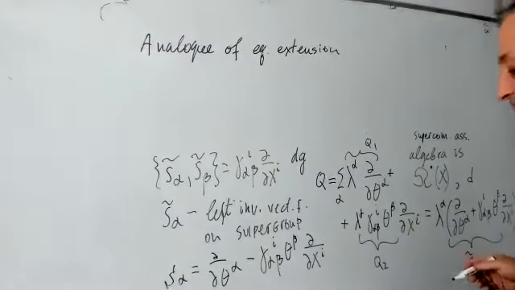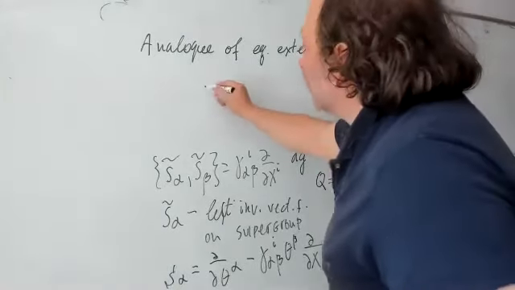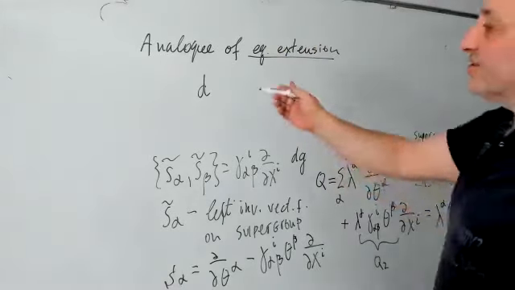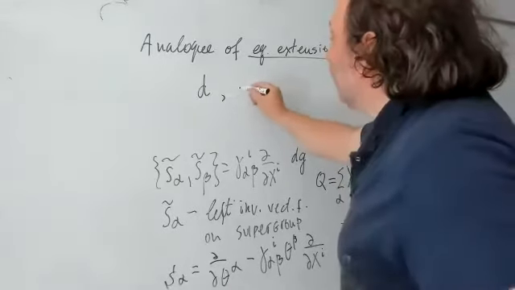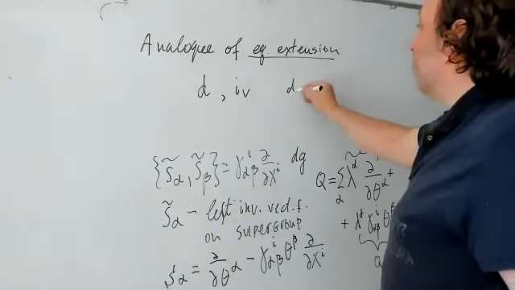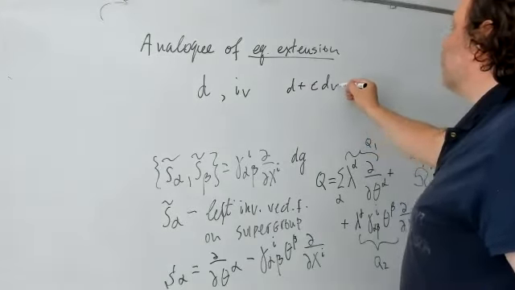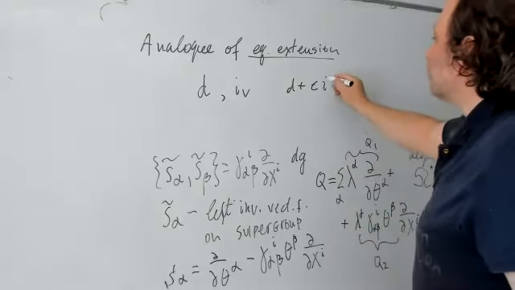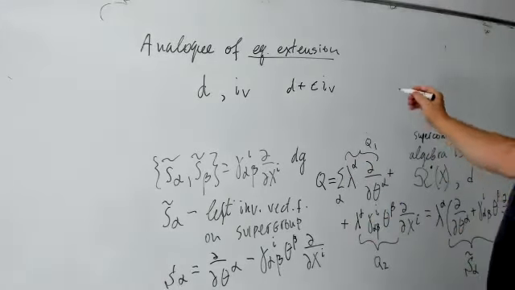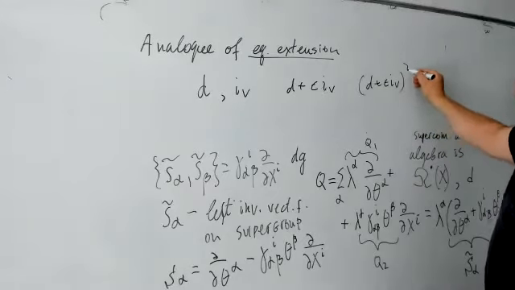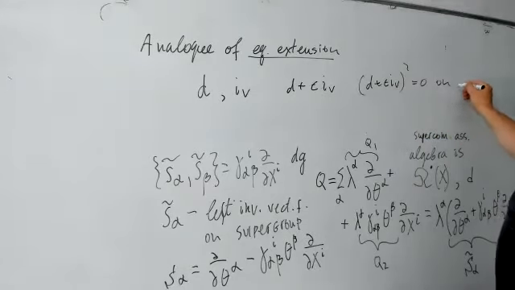Of course, you remember that in the covariant case, when we had differential D and a vector field IV, we could form this object that squares to 0 on invariant forms.